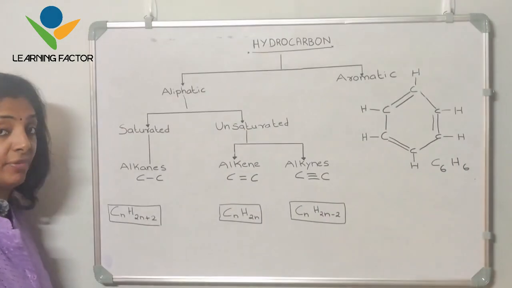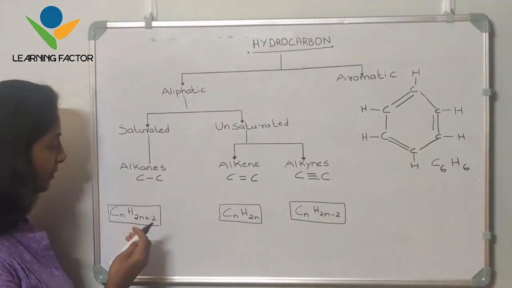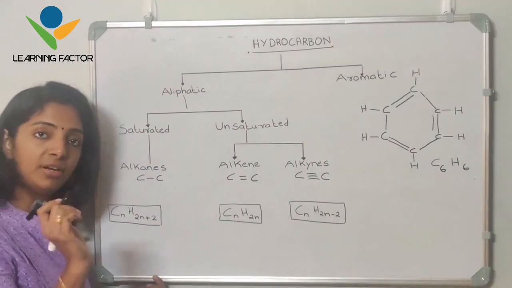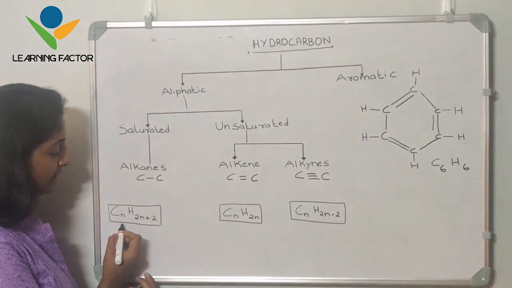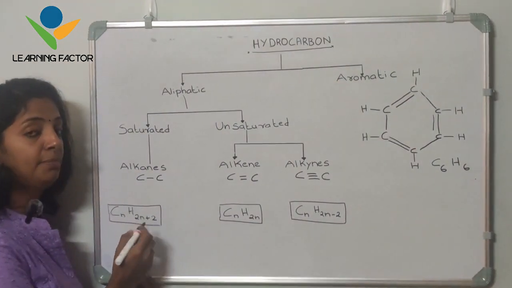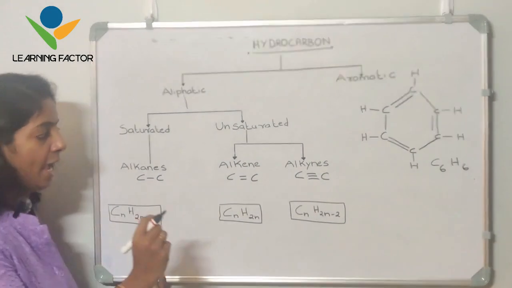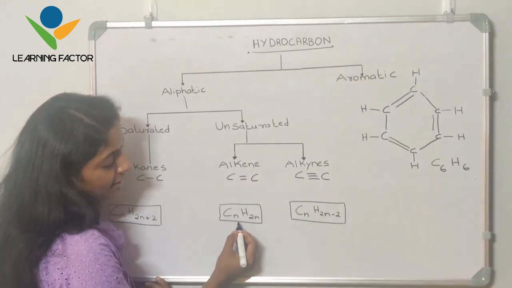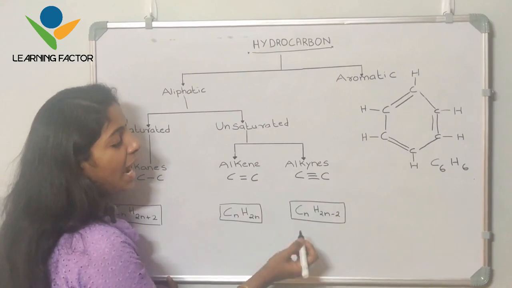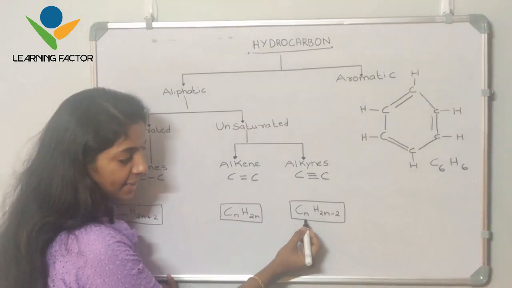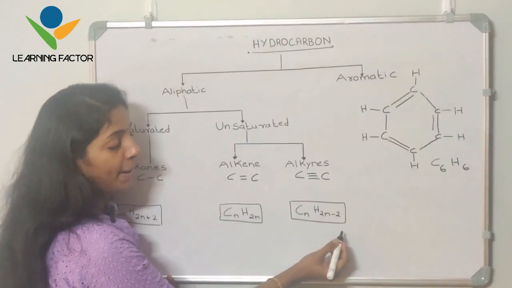The last and very important thing is the general formula. For alkanes it is CnH2n+2, for alkenes it is CnH2n, and for alkynes it is CnH2n-2.